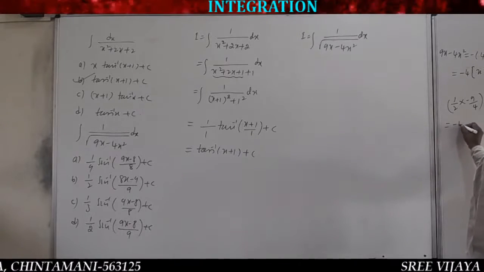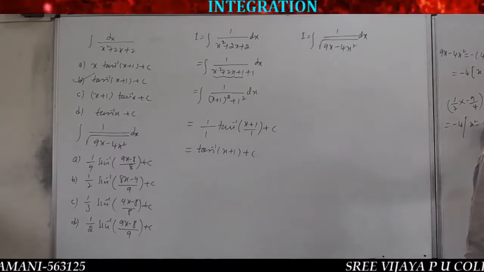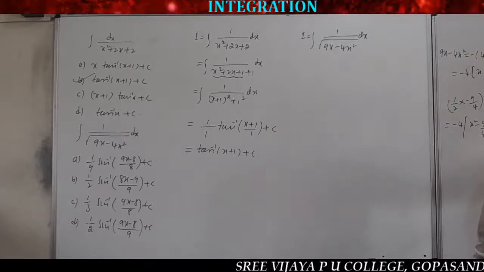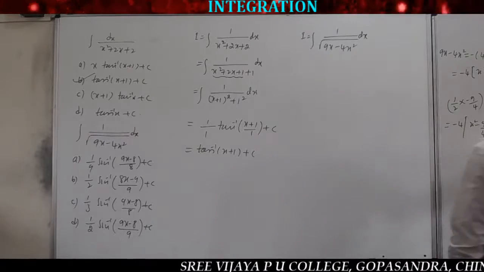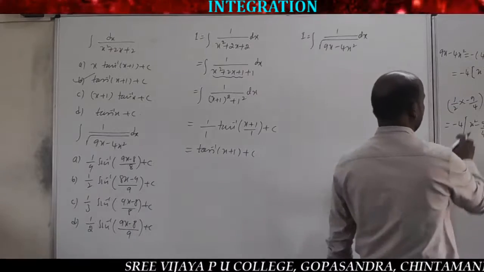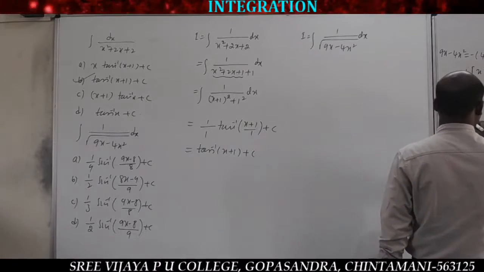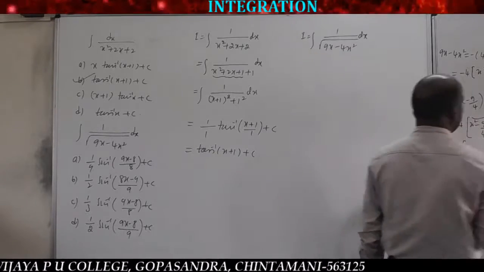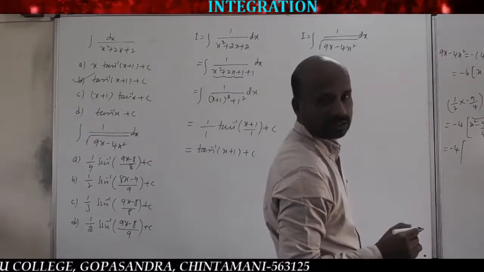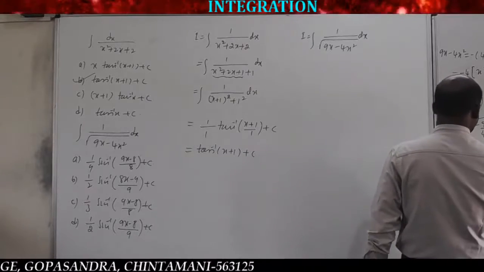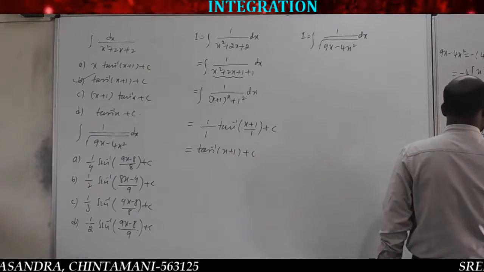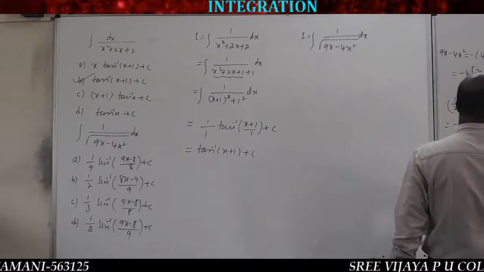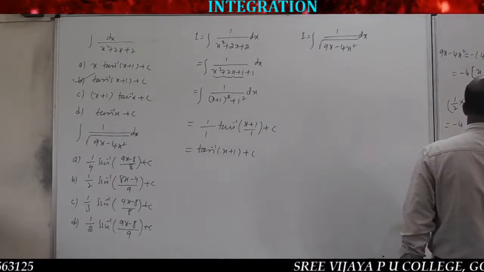So that is equal to minus 4 times of x square minus 9 by 4x plus 81 by 64 minus 81 by 64. So that is minus 4 times of (x minus 9 by 8) whole square, and here it is minus 81 by 64, which can be taken as (9 by 8) whole square.